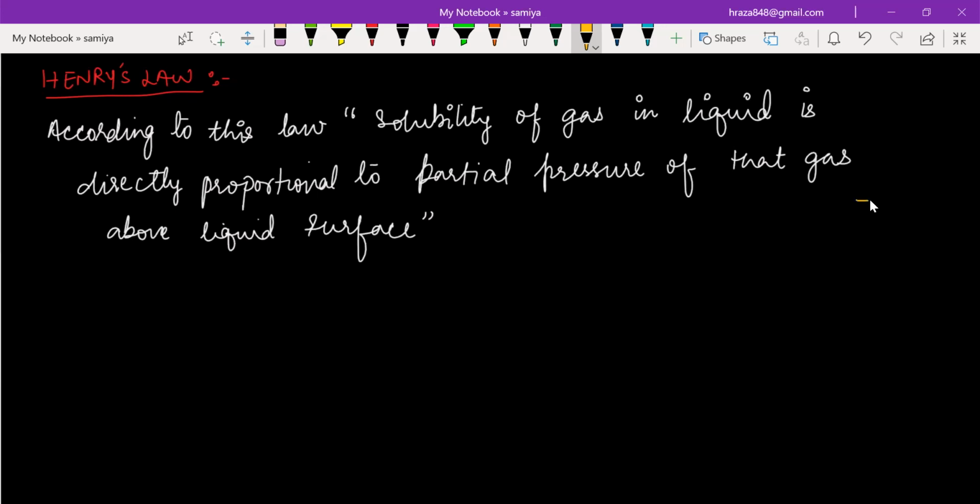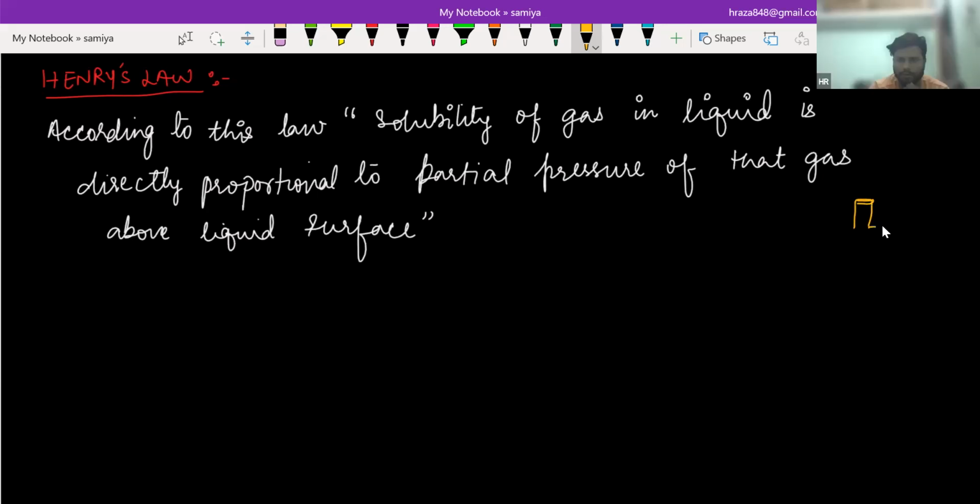So see, here is a bottle of cold drink. My drawing is very, very bad. You have seen a cold drink: this is all liquid, but from here to there, gas is present. Whenever we open the bottle, we hear some noise that represents there is gas.